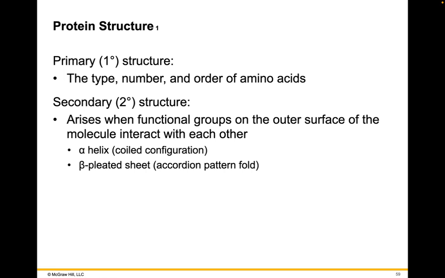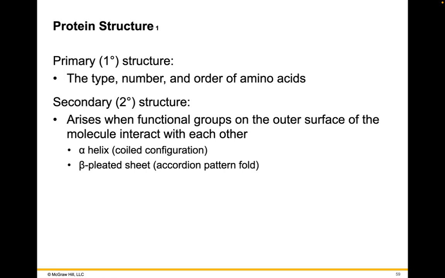Now, proteins have specific shapes, and everything I'm reviewing and saying, pay attention to, is test material. And protein structure is also test material. There are 4 levels of structure, and you start with the primary, the first structure, and that's just the basic building block of this protein you're making.